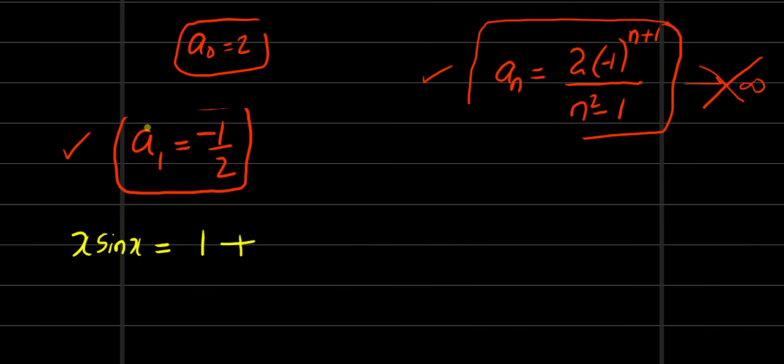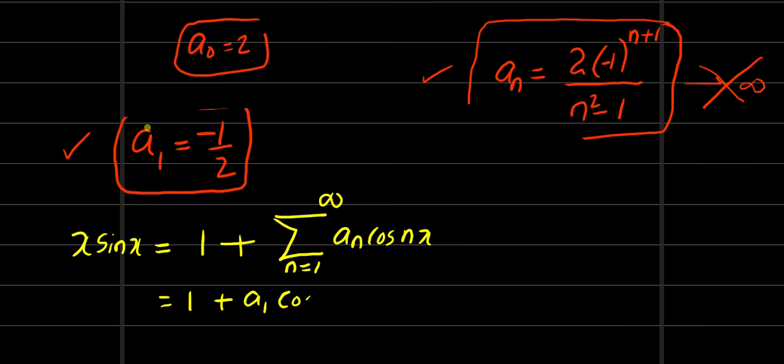look at this, we have sigma n equal to 1 to infinity an cos nx. And I'm going to write this as 1 plus, I'll substitute 1 here. So I get a1 cos x plus sigma n equal to 2 to infinity an cos nx.